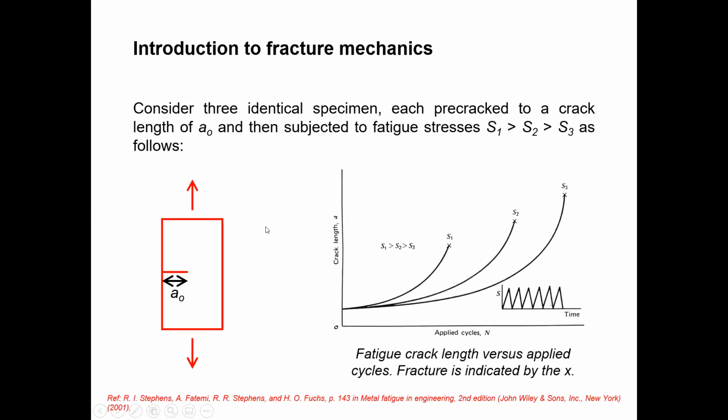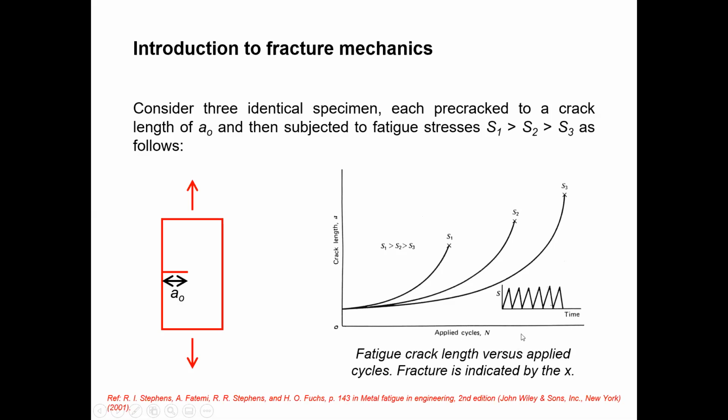So when you apply the S1 fatigue stress, this is the cycle. Okay. This is only alternating stress. There is no mean stress. If there is mean stress, this alternating stress will be shifted upward or downward. If it is tension, it will be upward. If it is compression, it will be downward.